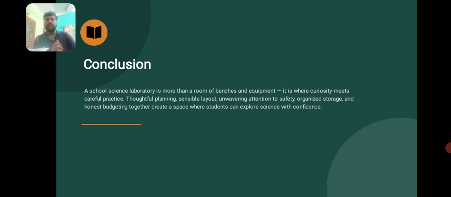By combining smart planning and smart designing, strict safety needs, storage, and a solid budget, we can create a space where students can explore science with a total hands-on experience.